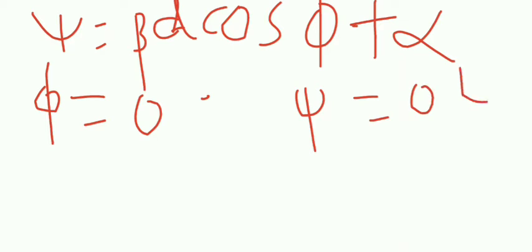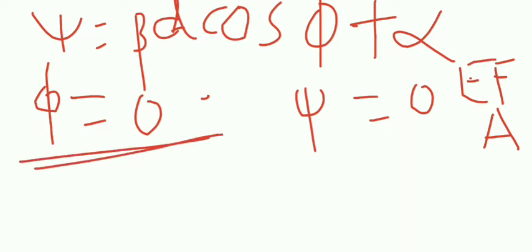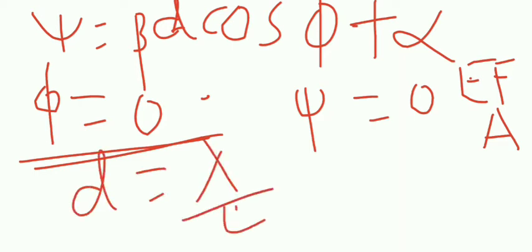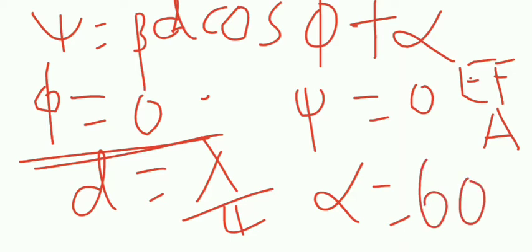This is for end fire array, right? So the maximum radiation occurs at phi is equal to 0. And as per the problem, the array elements are spaced at lambda by 4 distance, the beam angle is 60 degree they have given, right? And 4 elements are present, right?